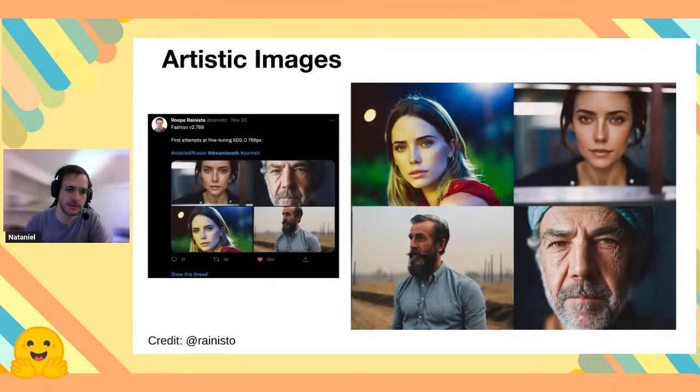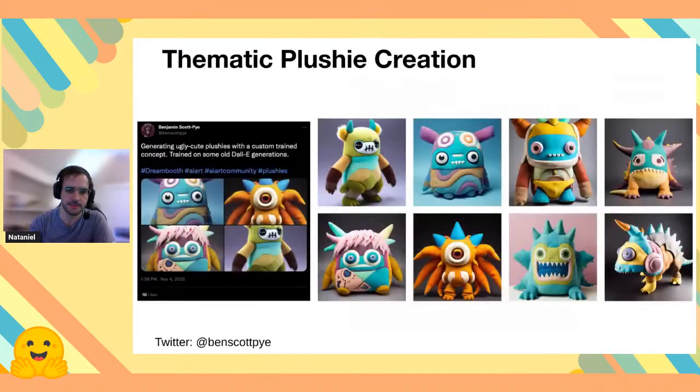I skipped this one, not on purpose, but yeah. So Roop has some amazing, realistic, artistic images that he generates of people. This is a Dreambooth model, all realistic faces that look amazing.